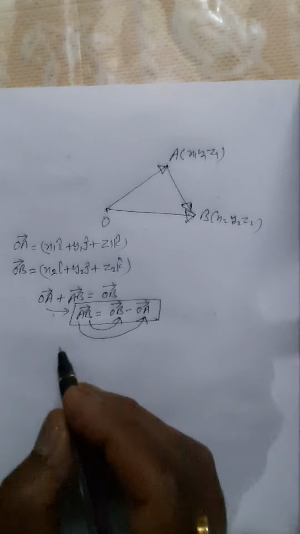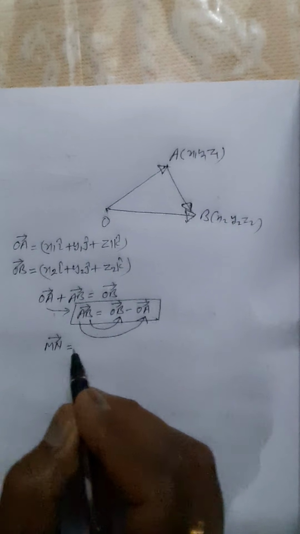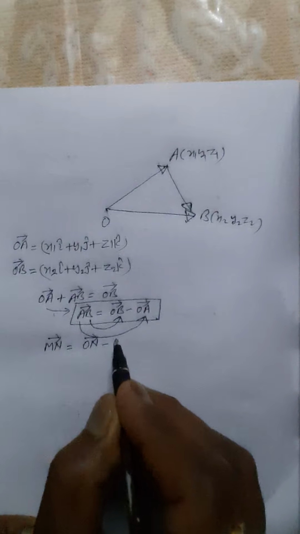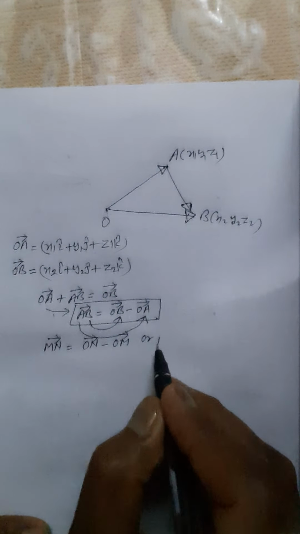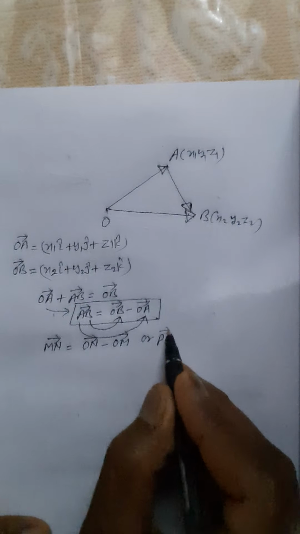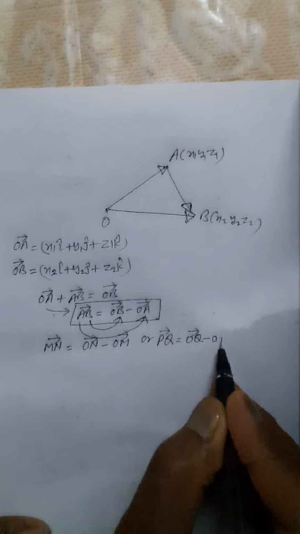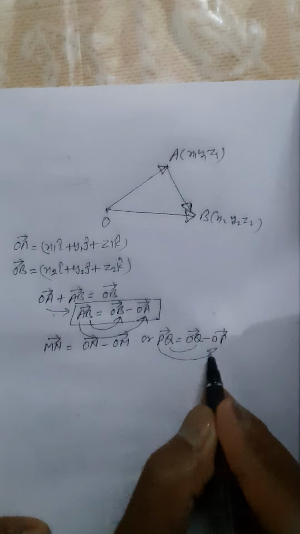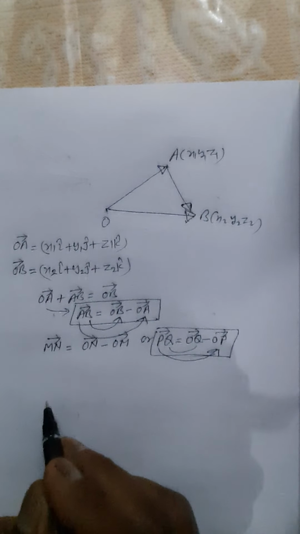Similarly, we can write the vector MN as position vector of N minus position vector of M, or vector PQ can be written as vector OQ minus OP, final position minus initial position. So this is the way to define the vectors.